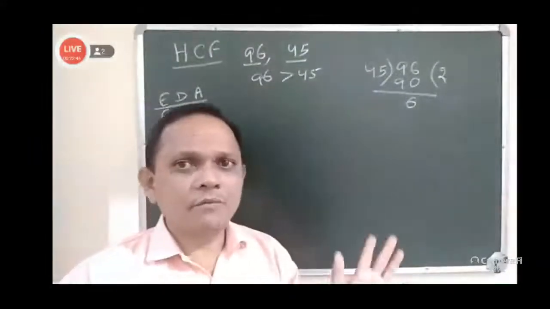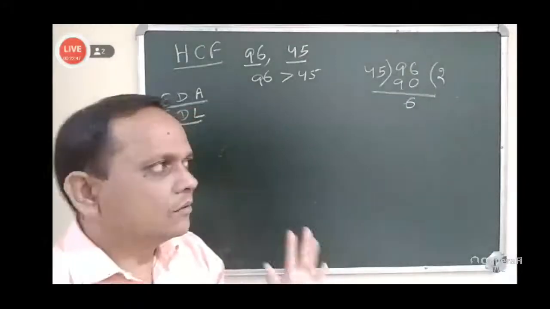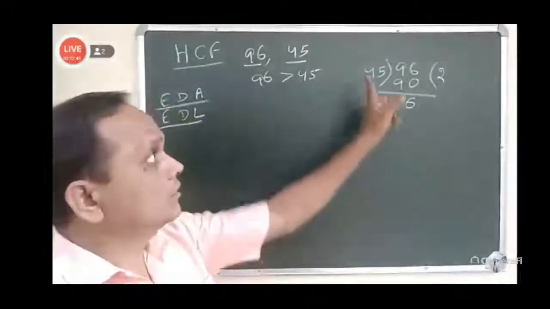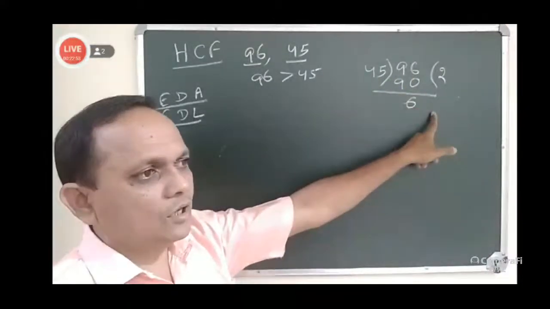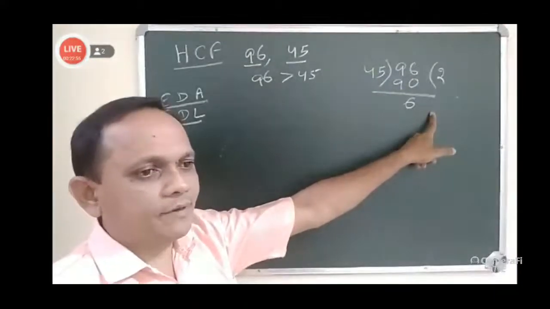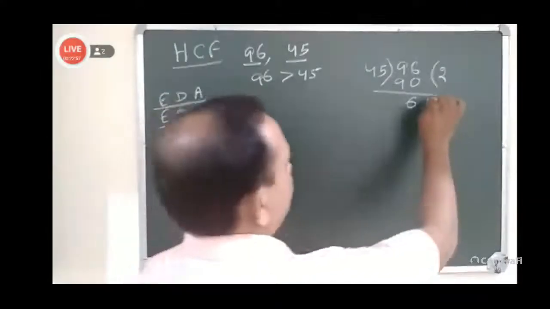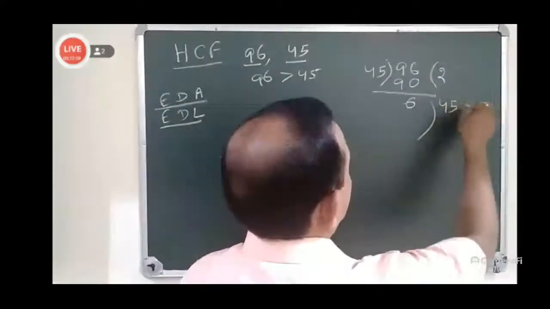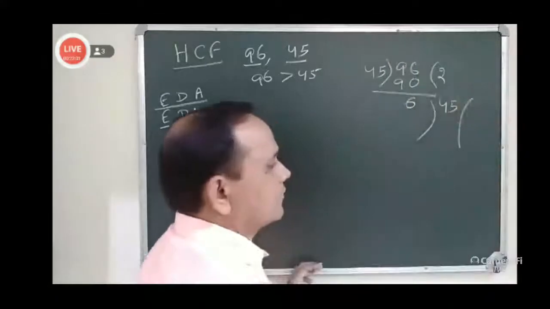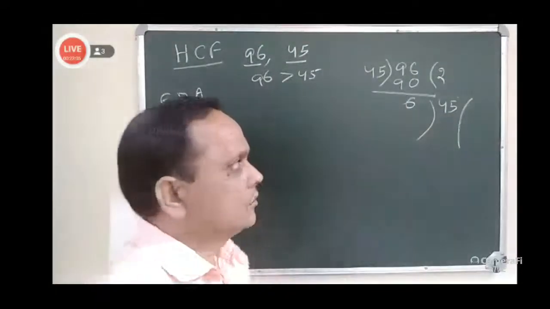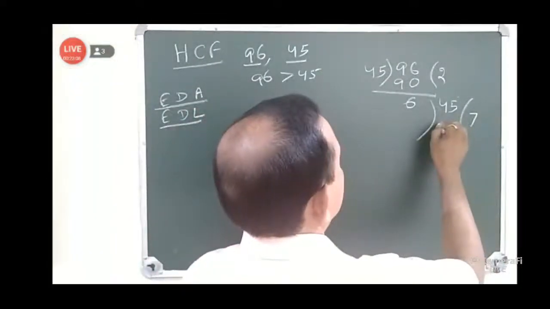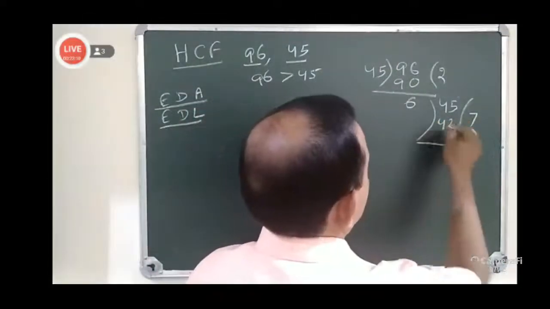Then the divisor comes to the dividend place, and 45 will be divided by 6. 6 sevens are 42.